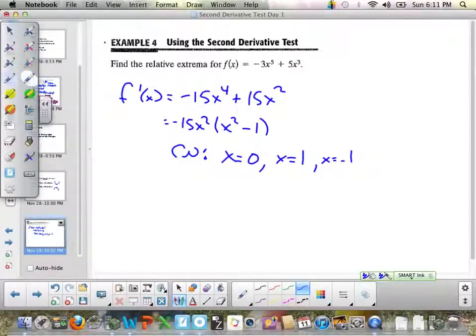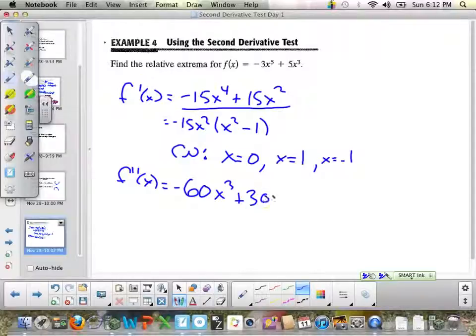And all we need to do here is check our second derivative to see, okay, concave up or concave down, max or min, cup or frown. All right, so we'll find our second derivative. Going back to our original part without the factored form of our first derivative, we get negative 60x cubed plus 30x.